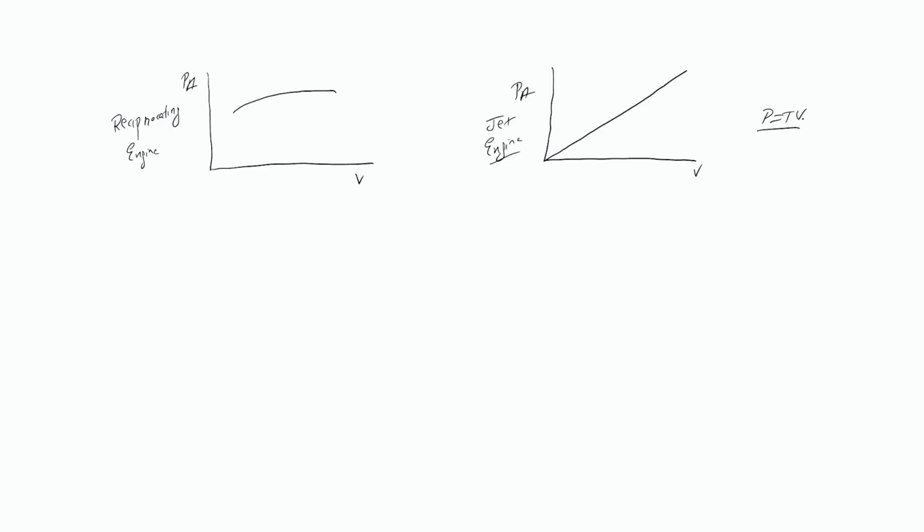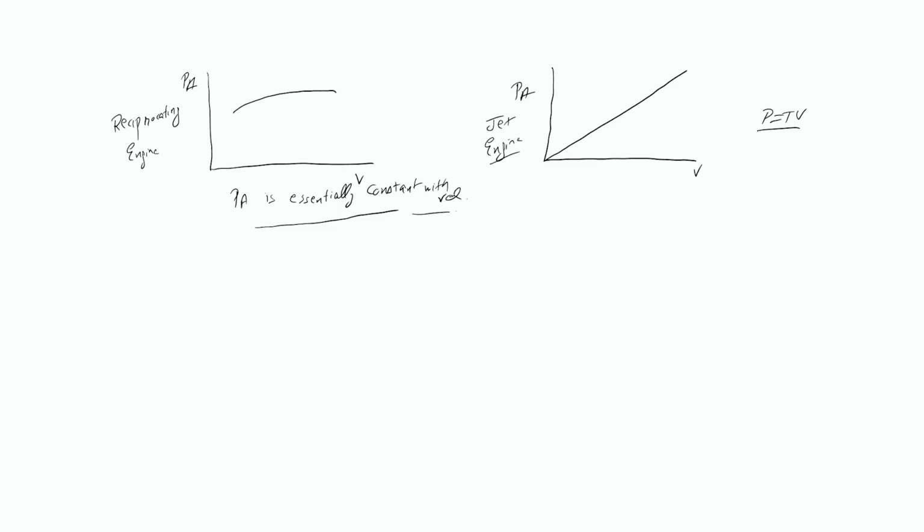Since thrust is constant, power varies linearly with velocity. So we get a linear relation between the power and the velocity for the jet engine. For propeller driven, power available is essentially constant with velocity.